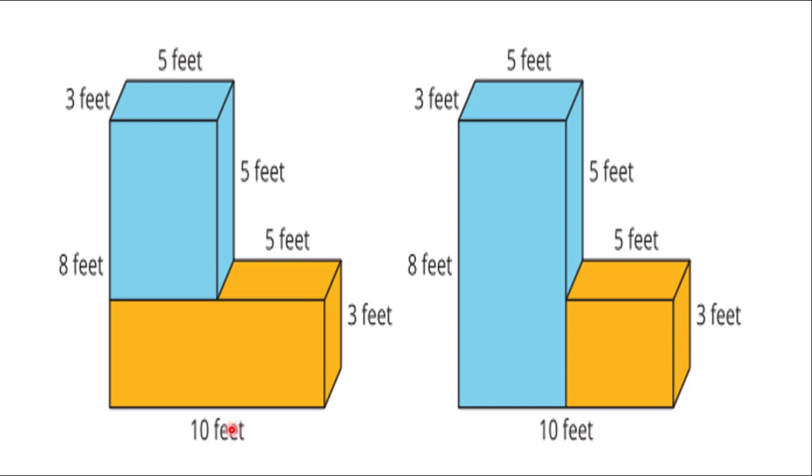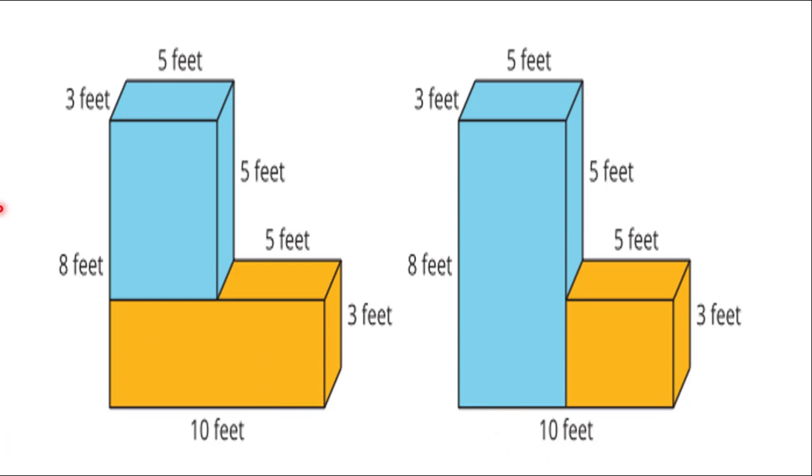So the only thing that appears different is where they divided the figures. So here they've divided it right here. Here they divided it right here. So let's find our volume for each of these and prove that they are the same figure.